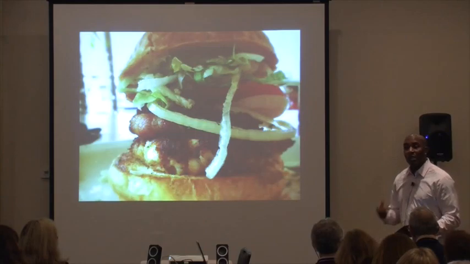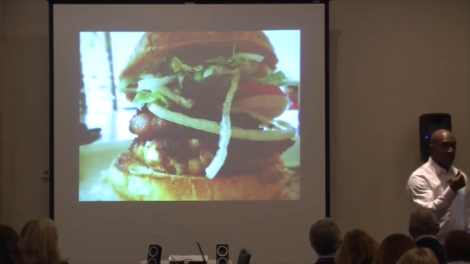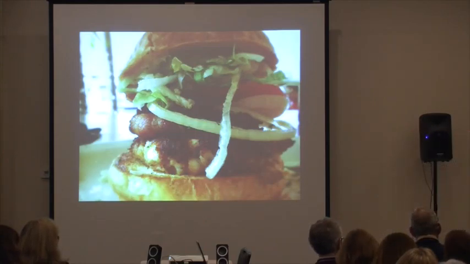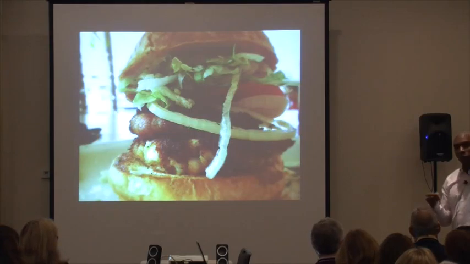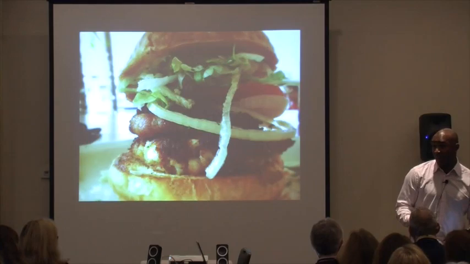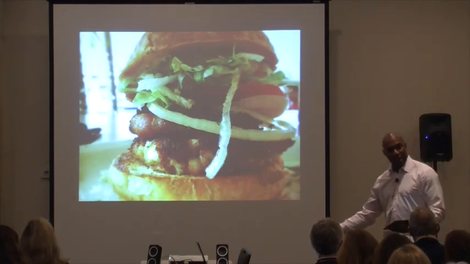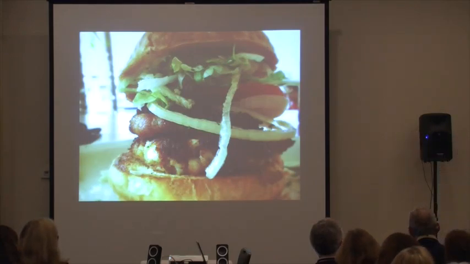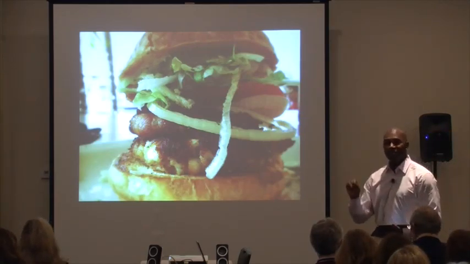Then he realized that the oil from the meat was getting on his cards. So he decided, what would happen if I put the meat in between two pieces of bread, and now I can eat my food while I'm playing cards. That is the story of John Montagu, the 4th Earl of Sandwich.